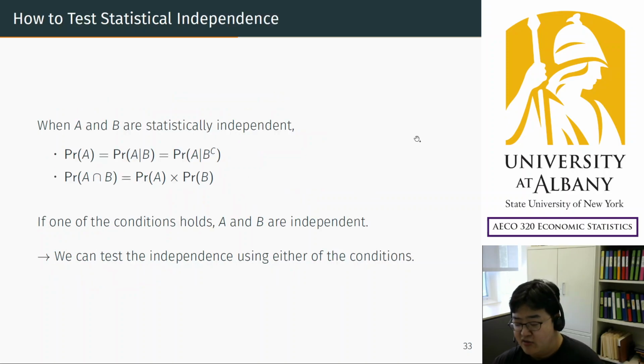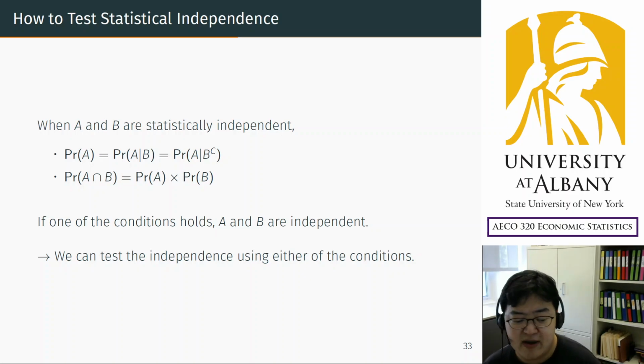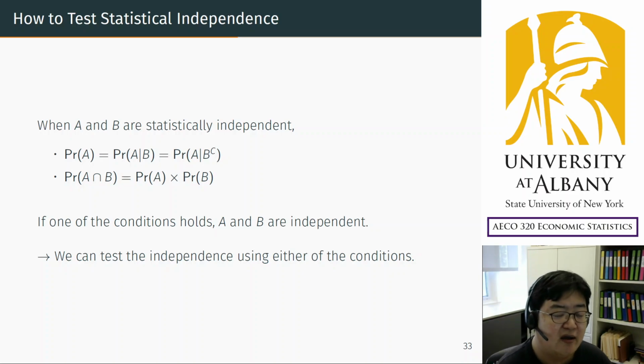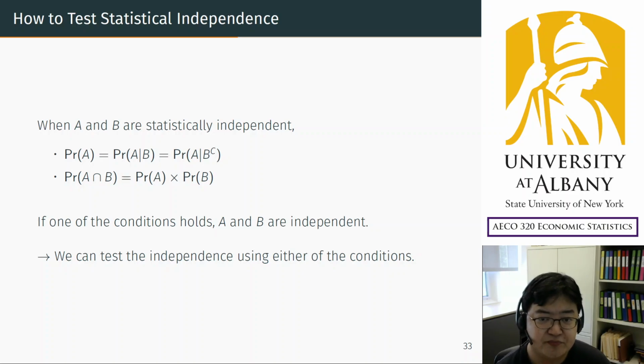So now, as I said, independence is one of the most important concepts in statistics. And in many cases, we want to verify whether two events are independent or not. Checking independence itself can be an important task in many analyses.